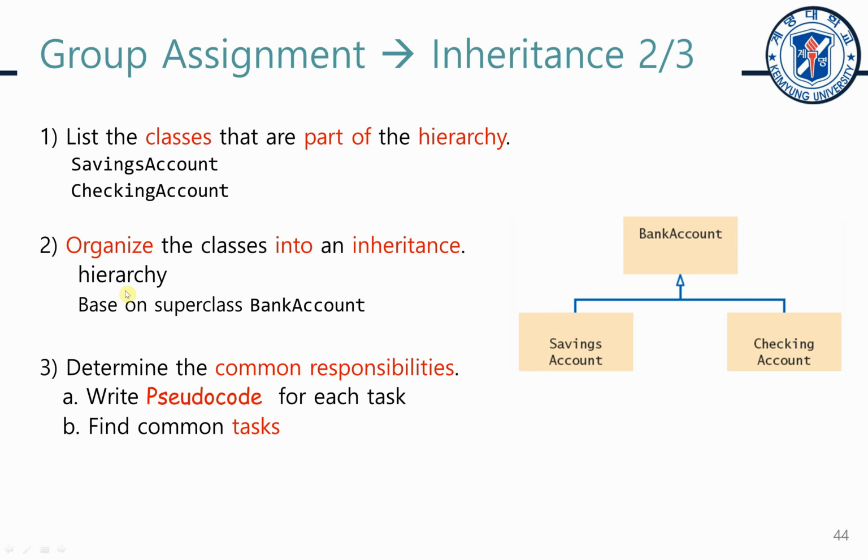So you organize the classes into an inheritance hierarchy based on the superclass, bank account. You have to determine the common responsibilities of each of the 3 tasks and write pseudocode for each task and find the common task so that you can implement it in the bank account.